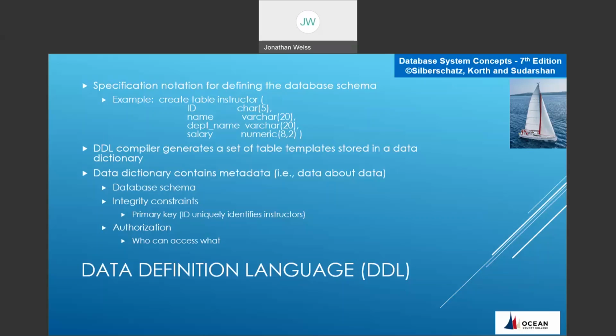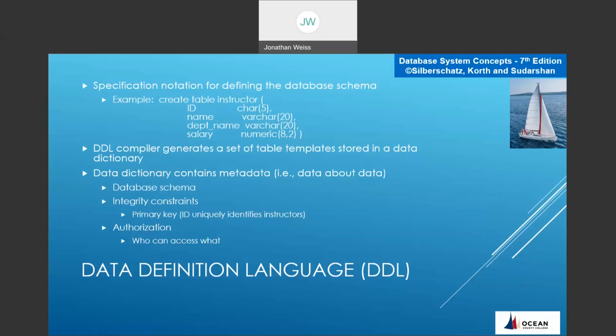The ID is going to be 5 characters long. The name is going to be 20 or fewer characters. Varchar means it can be 20 or it can be less. Likewise, the department name, and the salary is numeric. It has 8 places and 2 decimal places.